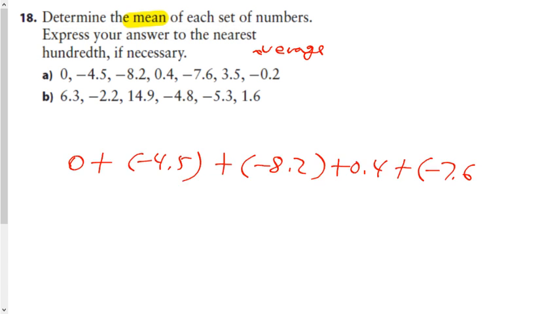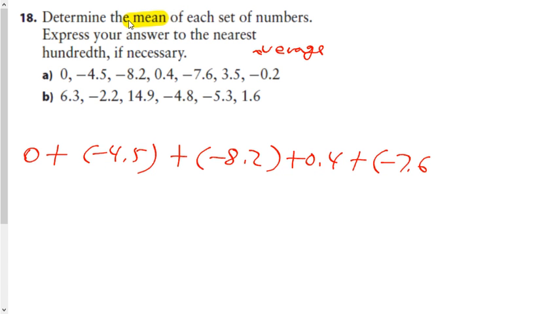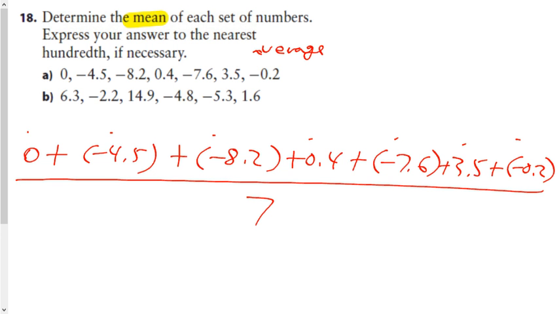Running out of space here. And what do I do with all 7 of those numbers once I add them to find the average? Divide by what? Number of terms, in this case 7. So since there are 1, 2, 3, 4, 5, 6, 7, once I get the answer to that, I'm going to take that whole thing and divide it by 7.